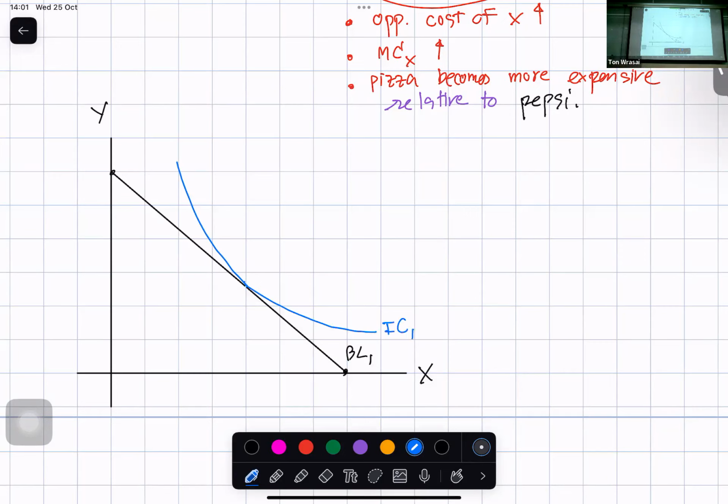Let's call it IC1. Let me look at your IC. How do you draw this IC? Where's your IC? Can you draw it similar to mine? How about your IC?